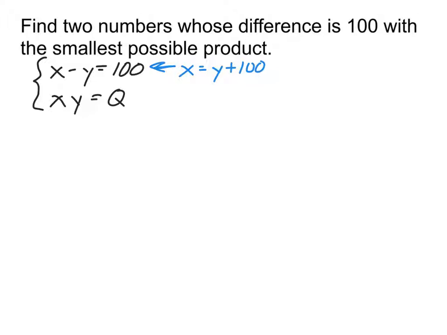So if I substitute that into the second equation then for x, that gives me y plus 100 times y equals q. And again, I want to make my life a little bit easier for the steps to come, so go ahead and distribute that y in there to make it into y squared plus 100y.